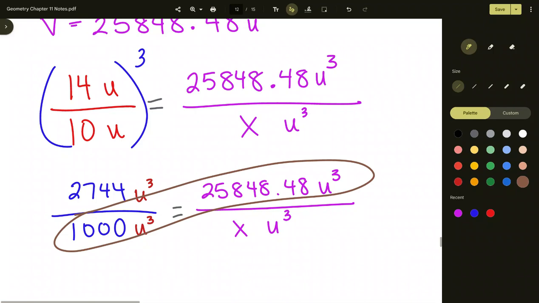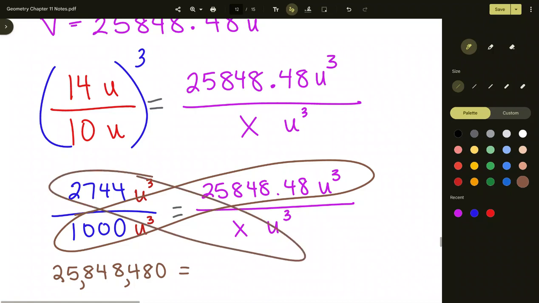So 25,848.48 times 1,000. Ooh, these numbers keep growing. 25,848,480. I think I got that right. Oh, that's a big number. 25,848,480 is equal to the other direction, which would be 2744 times x.